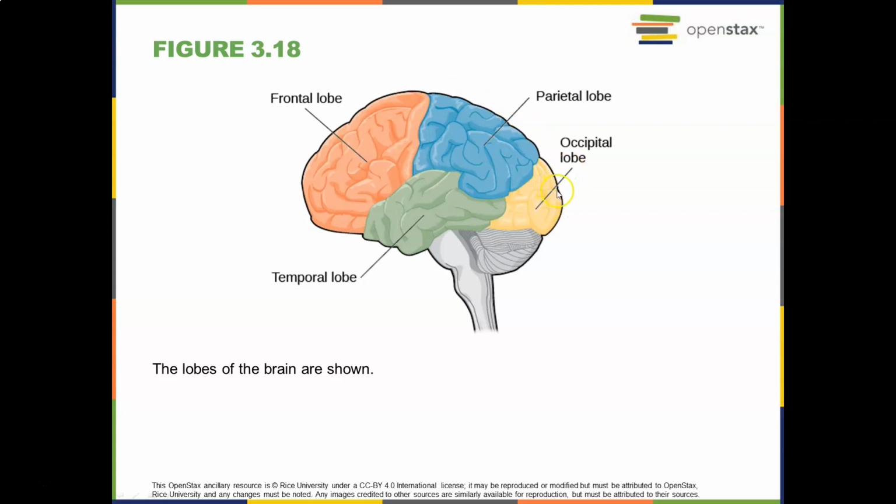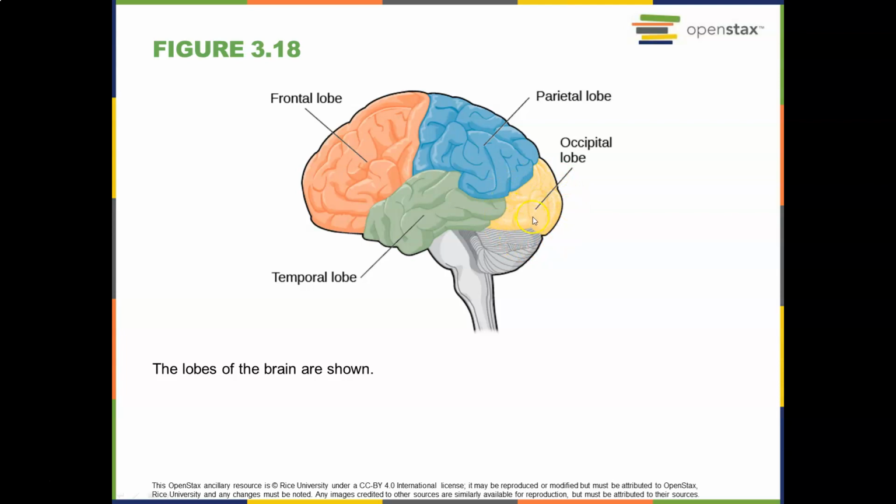But this occipital lobe right here, occipital means vision. Our eyes are located roughly right around this area. So when we see something, the signal is transferred all the way to the back of the head into the occipital lobe, and that is where it's processed.